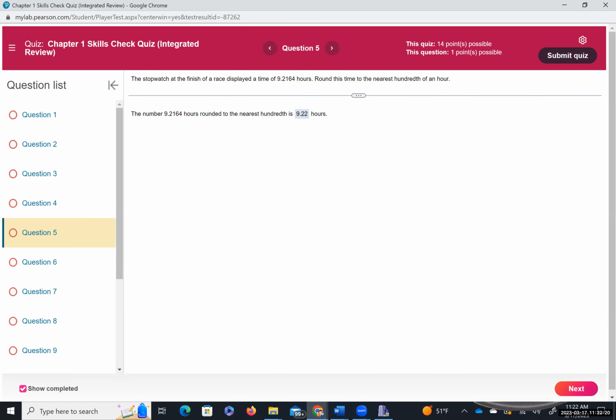Okay. So in this question, we learn about rounding numbers. If they give you 9.2164 and ask, can you write this time to the nearest hundredth of an hour?